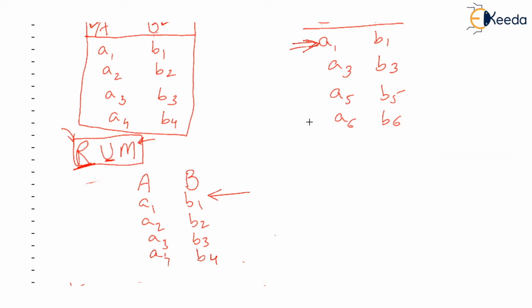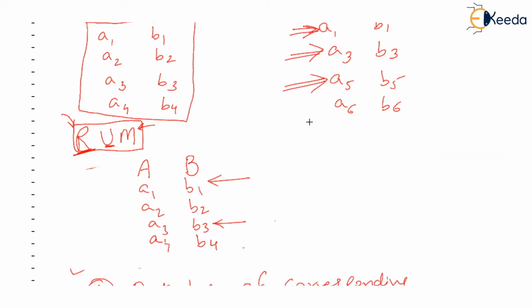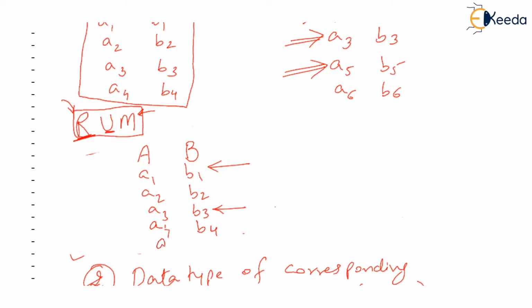You can see A3, B3, the next row in M, was already added, so it won't be added again. But you can see that A5, B5 belongs to M but was not added because it doesn't belong to R, so it will be added now. So there will be A5, B5.